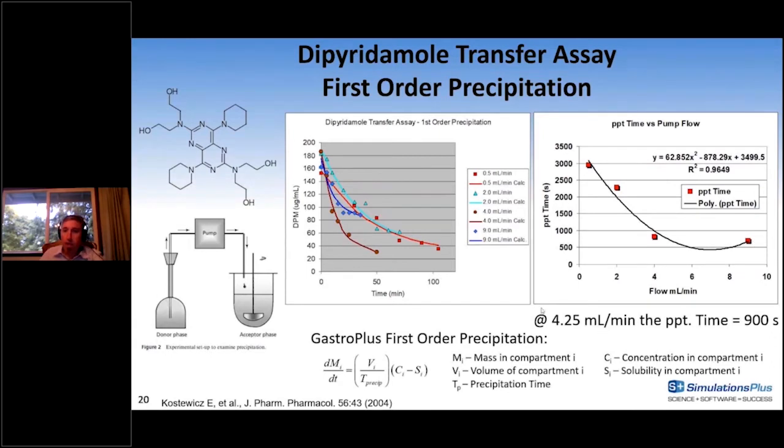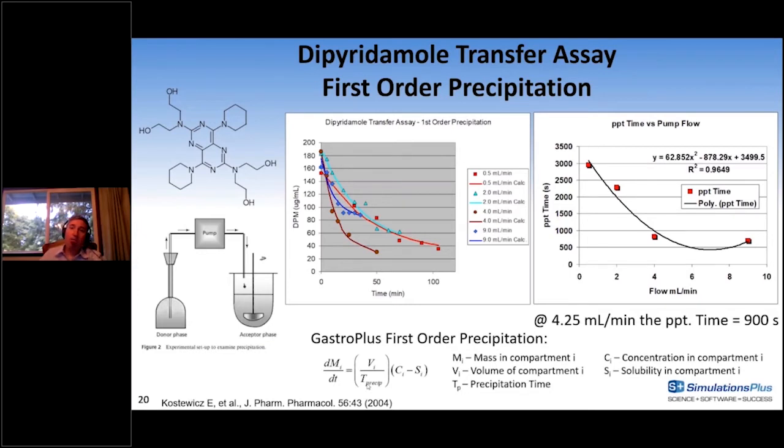Of course, we looked at a flow rate of 4.25 mL per minute, which is relevant in terms of gastric emptying, and that's where we got our default 900 seconds precipitation time in GastroPlus. So it really only is applicable to dipyridamole. And so, when you're modeling your own compounds, you need to supply a precipitation time relevant to that API. So keep that in mind.